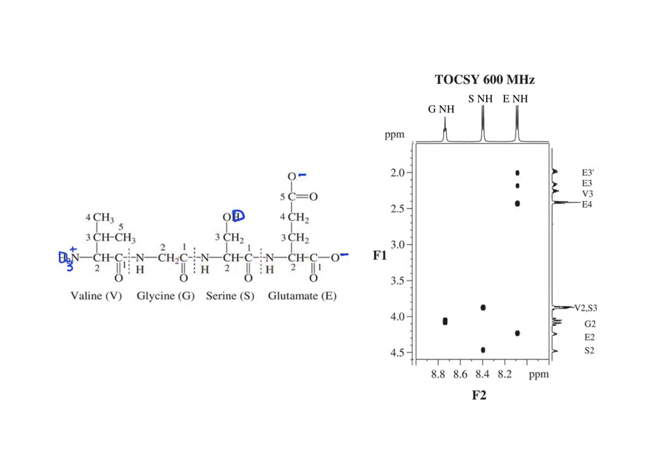The total correlation spectrum helps us to link specifically each NH to the rest of the side chain. So for glycine, which does not have a side chain, this correlation is simple.